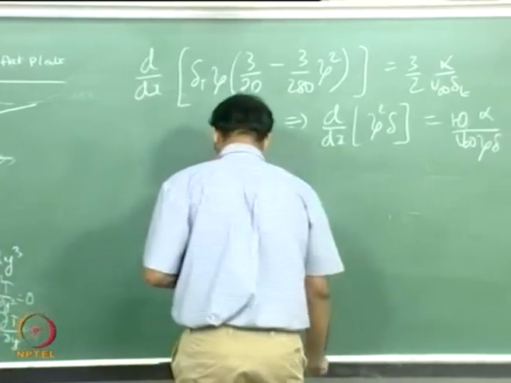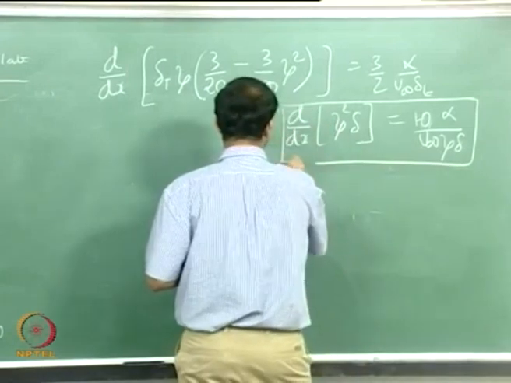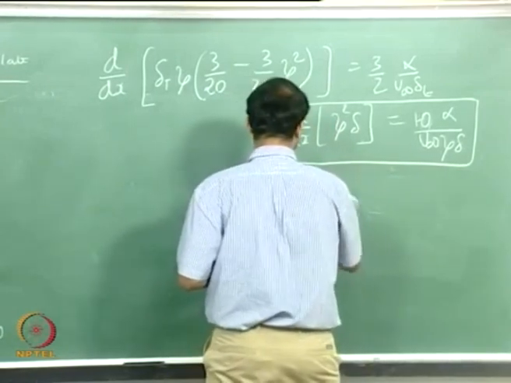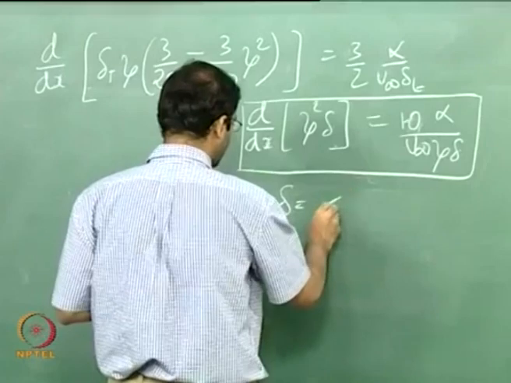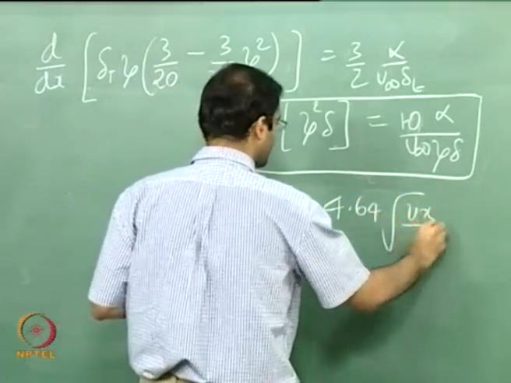So this is my equation. So if I substitute for the cubic velocity profile, delta was 4.64 square root of nu x by u infinity.